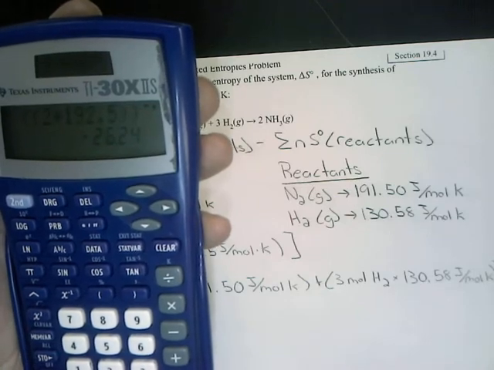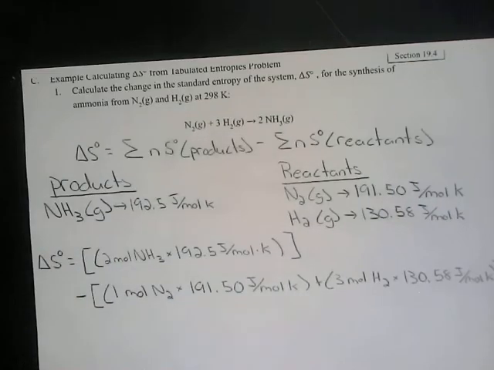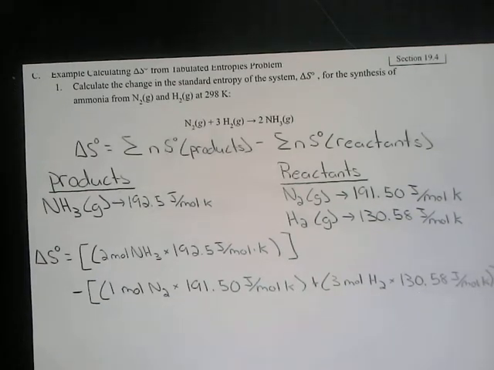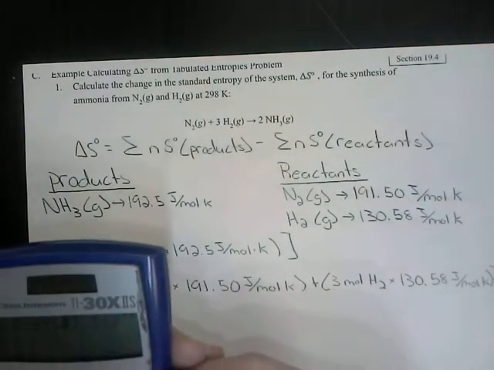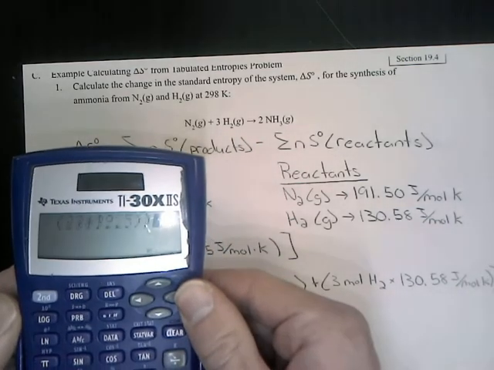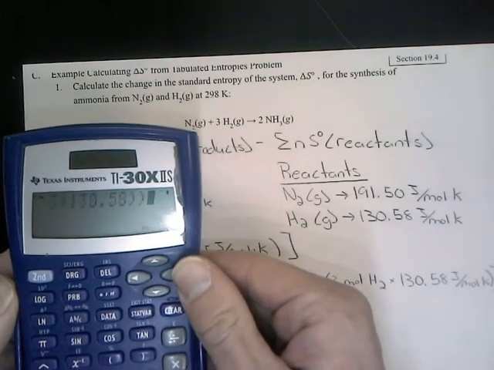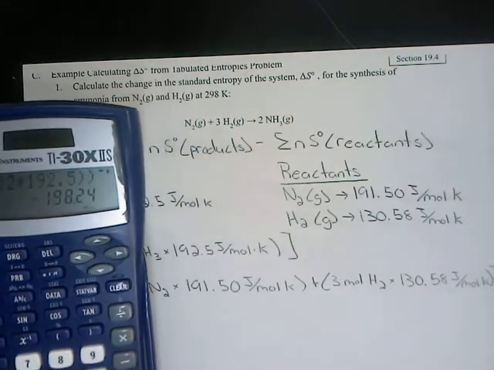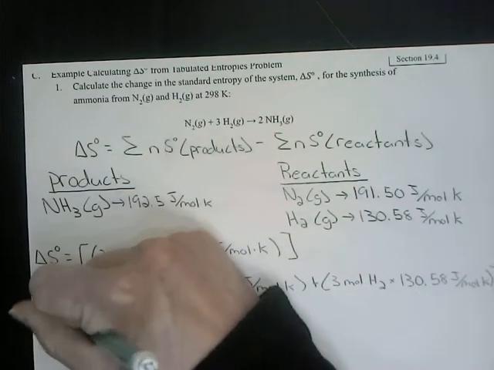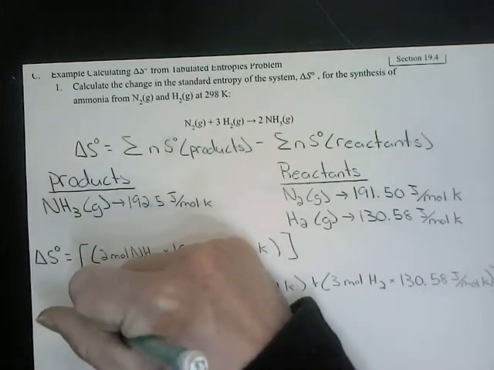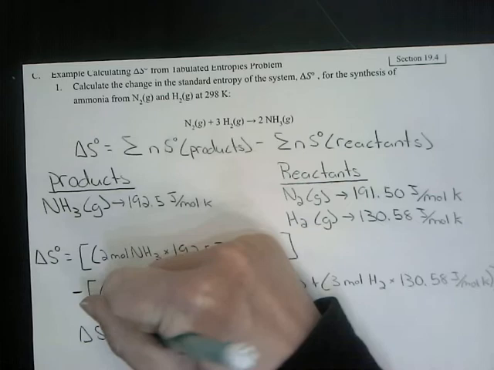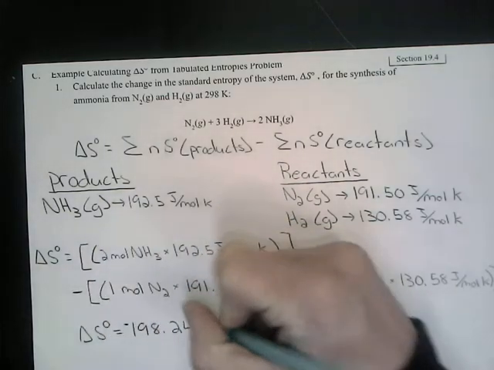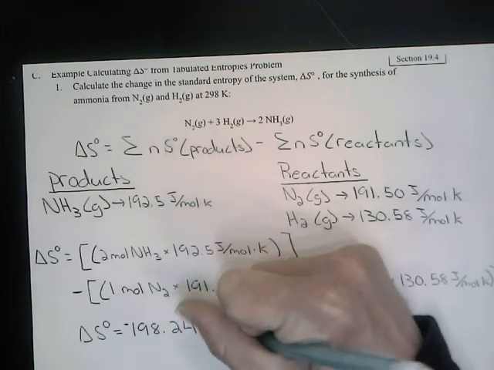And we get a value of negative 26.24. And I was just double checking my calculation. I might have put in an error here, but again, I enter all of this again. And what we should get here is negative 198.24 joules per Kelvin. And again, that is a negative value, joule per Kelvin.